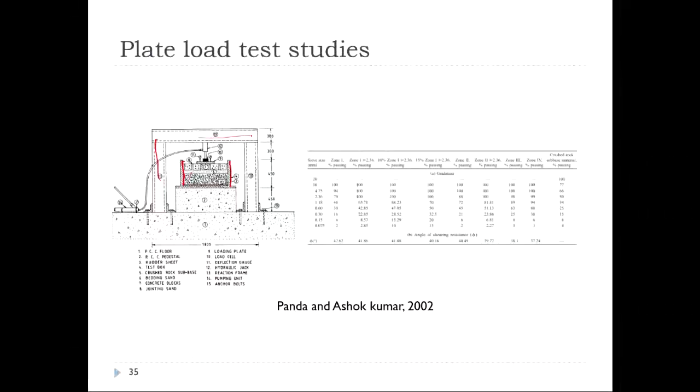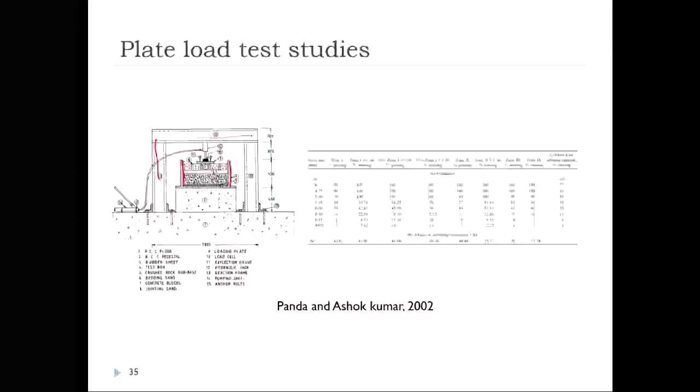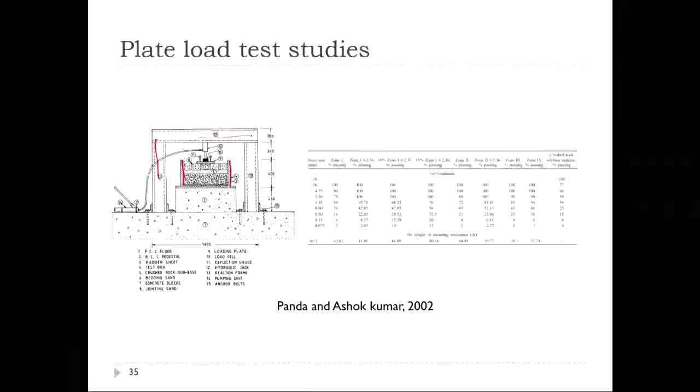And there is the bedding sand and the filler sand. The filler sand is basically between two blocks. The bedding sand and the filler sand were selected from different fine aggregate gradations given in the BIS code.